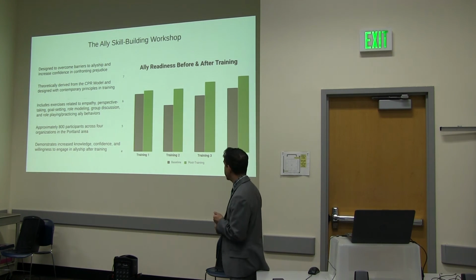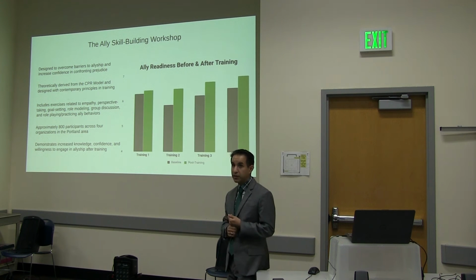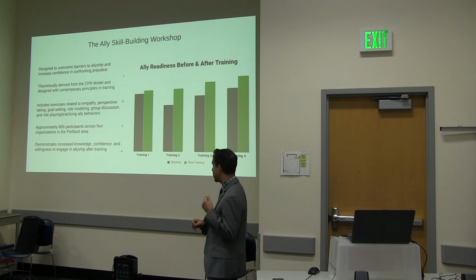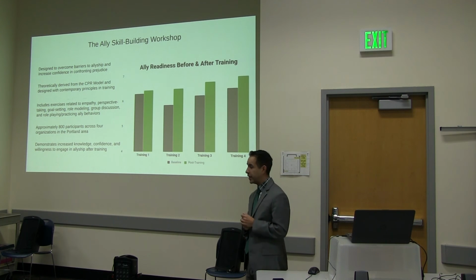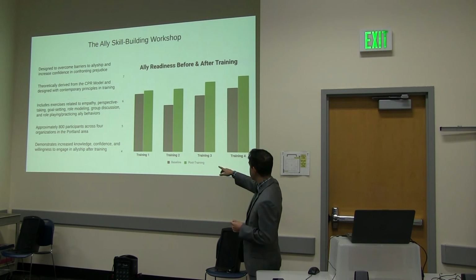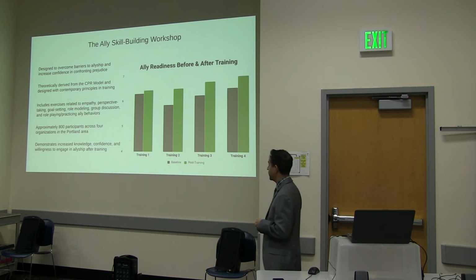The first one was a mental health and addiction counseling organization. They scored really high in allyship readiness at the beginning, so there's kind of a ceiling effect, but we still got a little bit of a boost, and that boost was statistically significant. We can see here, even with the gray lines, that different organizations start at different places, so we're trying to be responsive to that as well.